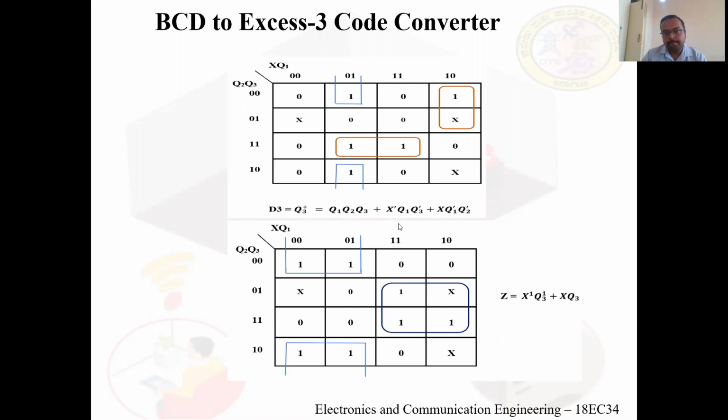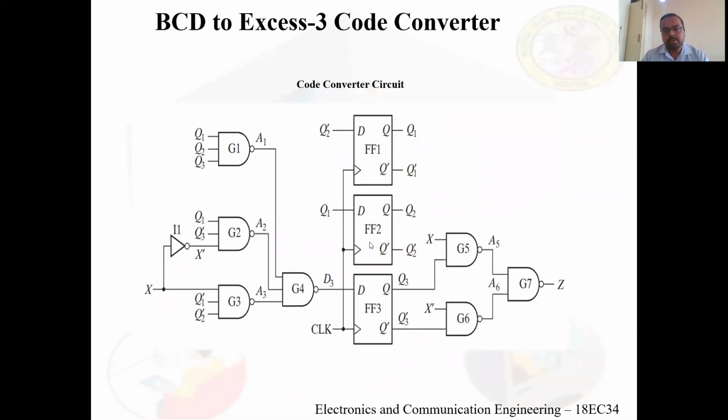Do the grouping here: X bar, Q1, Q3 bar, or X, Q1 bar, Q2 bar. Similarly for the output variable Z, grouping here gives X bar, Q3 bar, or X, Q3. You know how to simplify this and how to do the grouping from the previous modules.